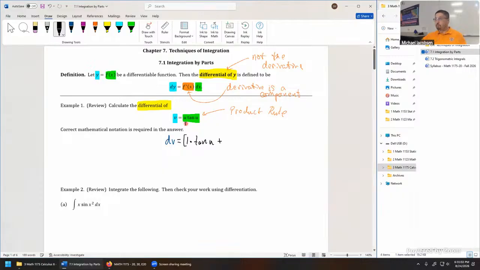Go plus for the product rule. I'm going to copy down the first factor, u, and then differentiate the second factor, tangent. The derivative of tangent becomes secant squared u. Then we multiply the whole thing by du.